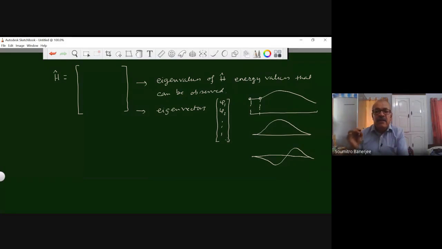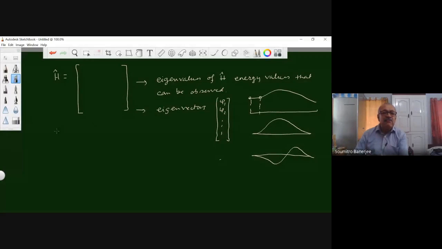Okay. Now the issue is that if you want to calculate psi as a function of x and t, then these are the C1 psi naught e to the power of the phase factor minus i E t by h cross.